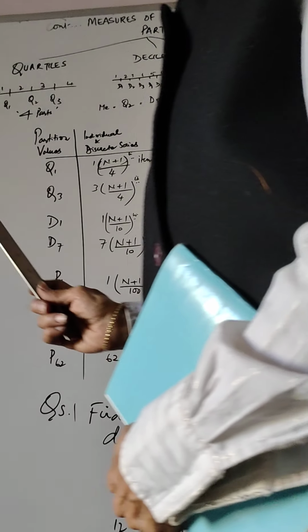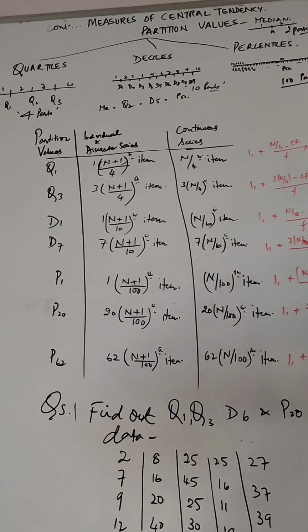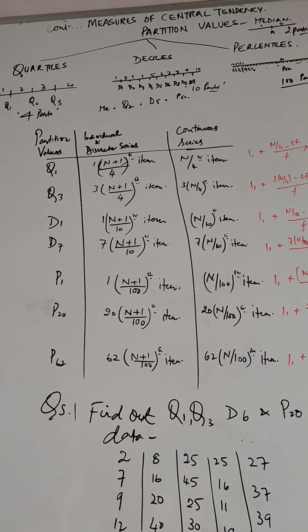So once again, quartiles, deciles, and percentiles. Let me reiterate what I've just told you: we already know that median divides a statistical series into two equal parts. And before we go on, just remember the series has to be arranged in ascending or descending order.